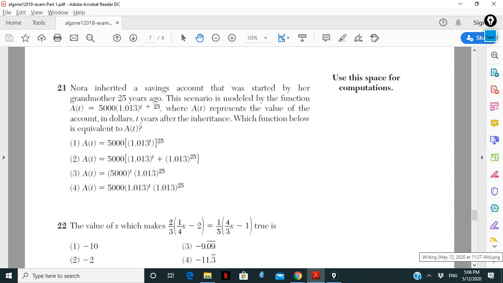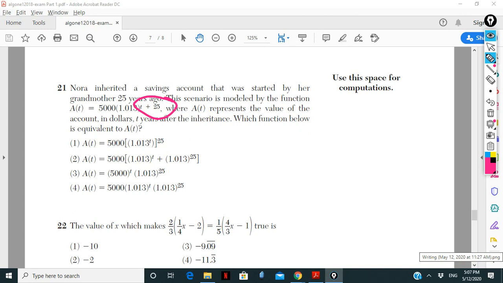Which statement below is equivalent to A(t)? So here I'm going to say, look, I'm adding exponents. Adding exponents means it's a product.